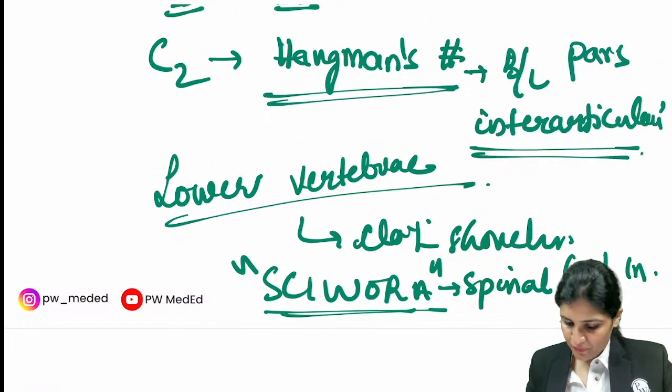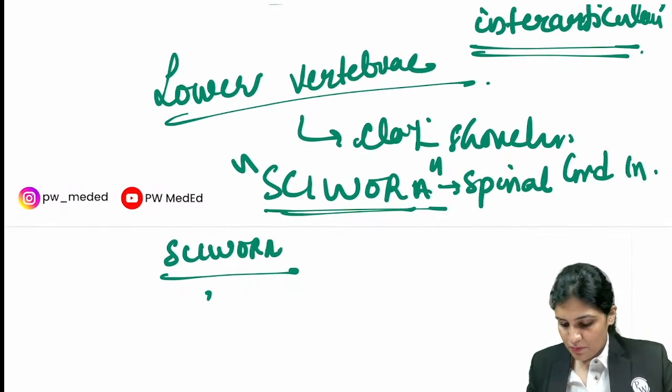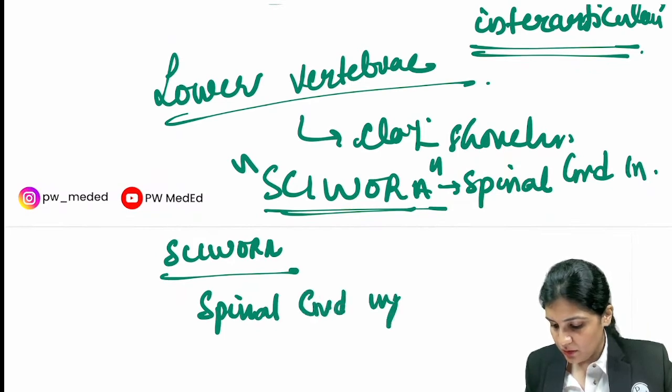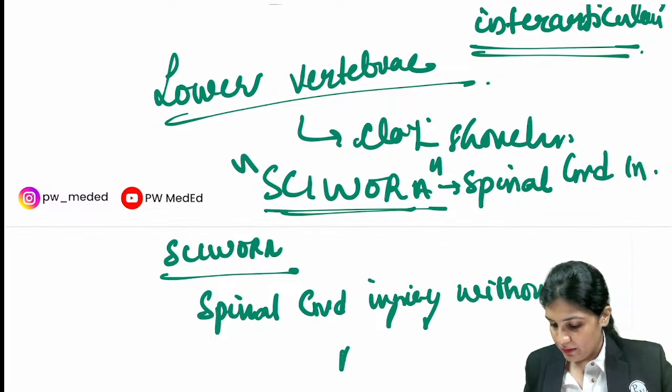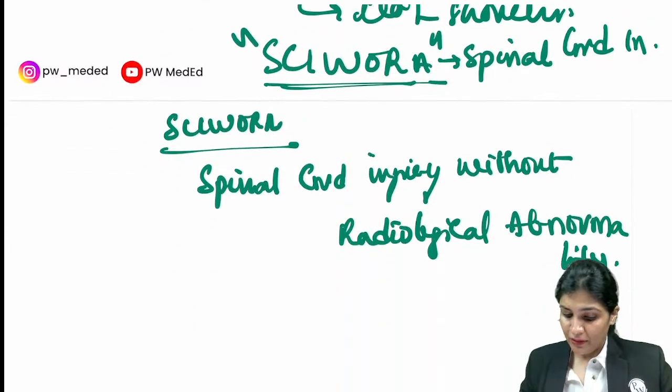What is SCIWORA? SCIWORA is spinal cord injury without radiological abnormality. So that is your SCIWORA, right?